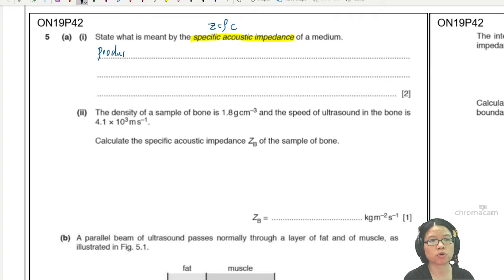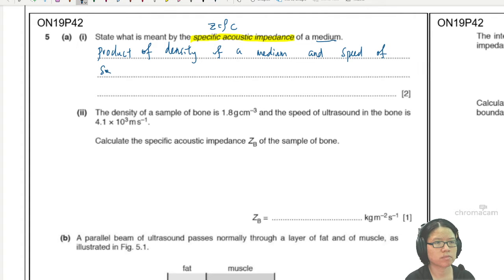This would be the product of density of a medium, and the speed of sound traveling in the medium.